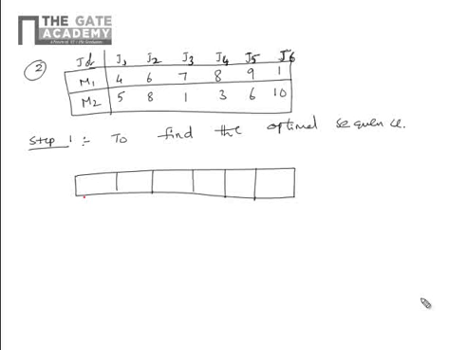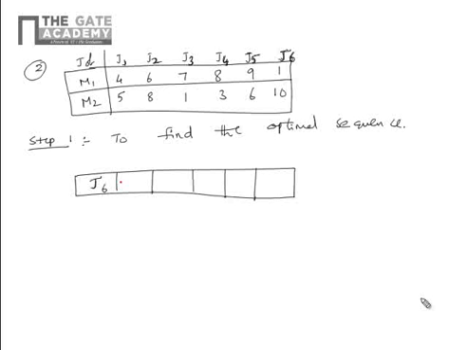For that case, take the machine 1 job, job 6 on machine 1, and keep it on, because as per our definition, if there are two or more of the same minimum processing time, select any of them randomly and assign the sequence.